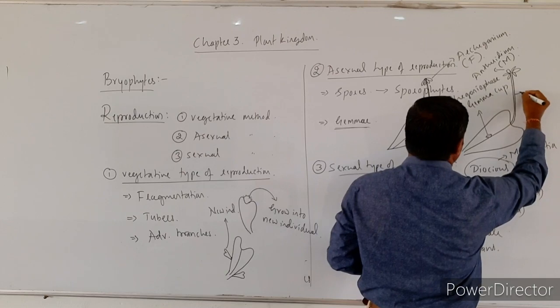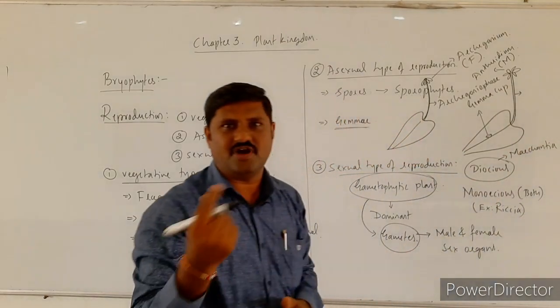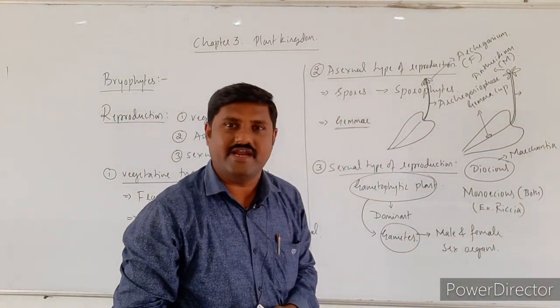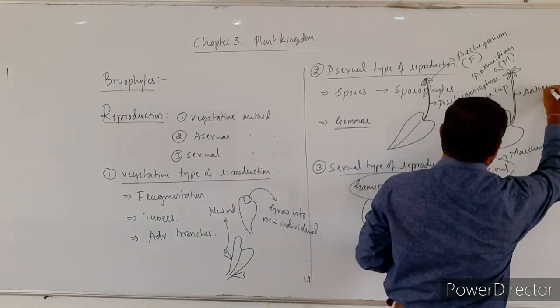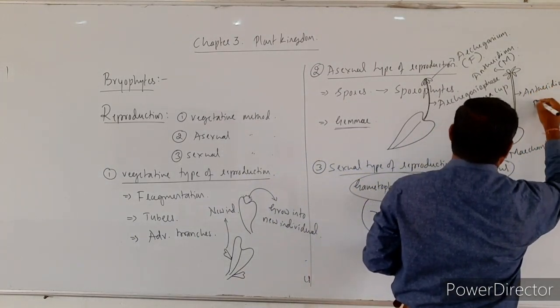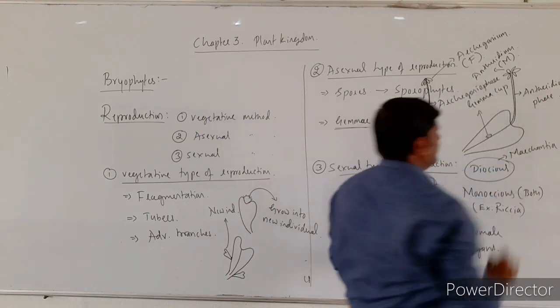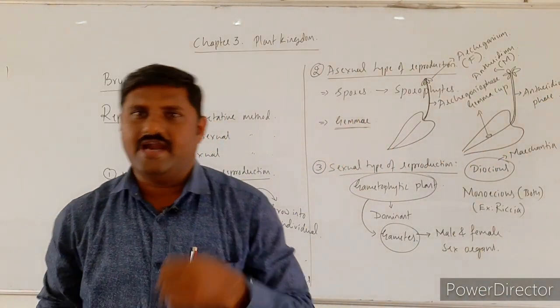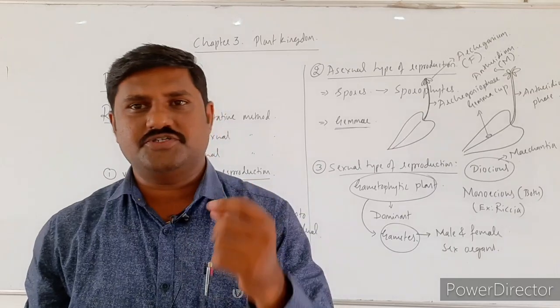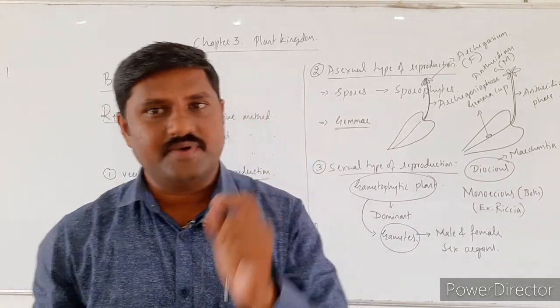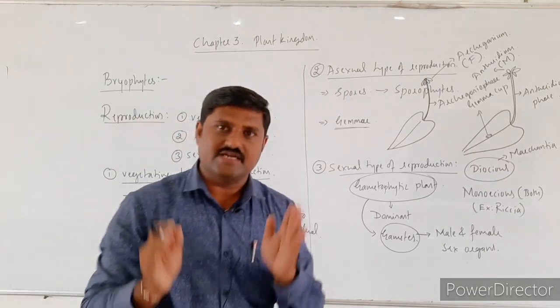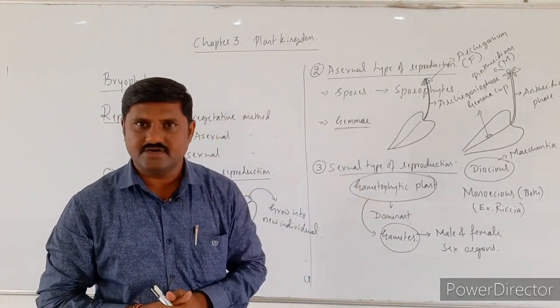And what about this stalk-like structure? Antheridiophore. Antheridiophore and archegoniophore are the stalked structures on which the respective sex organs are produced. It must be very clear to you.